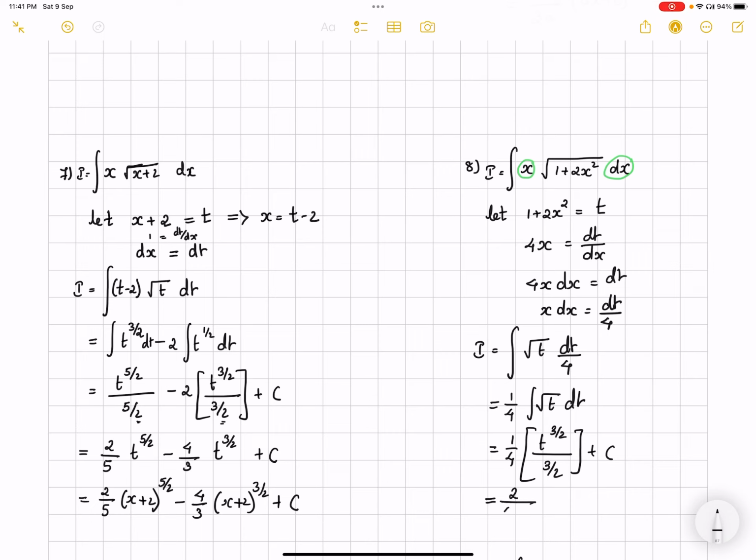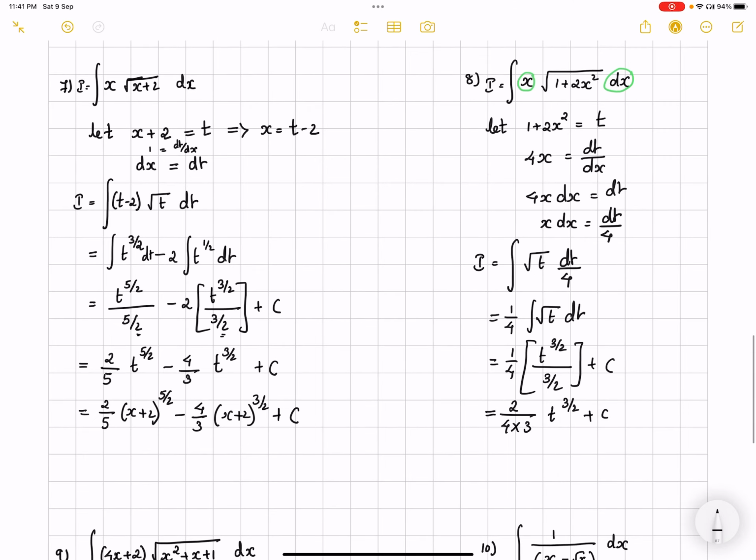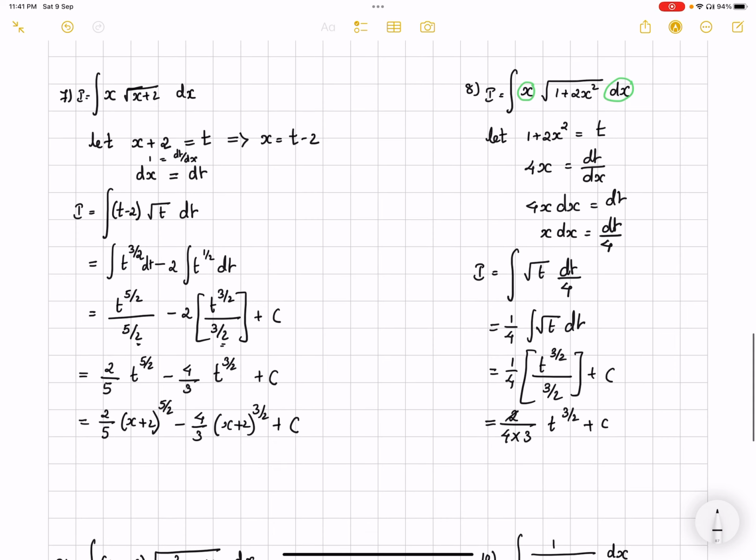I would be having 2 by 4 into 3, t to the power 3 by 2 plus c. So now what we would be doing here is cancellation. So I would be getting 1 by 6 t. What's the t? Let me substitute it: 1 plus 2x squared whole to the power 3 by 2 plus c.